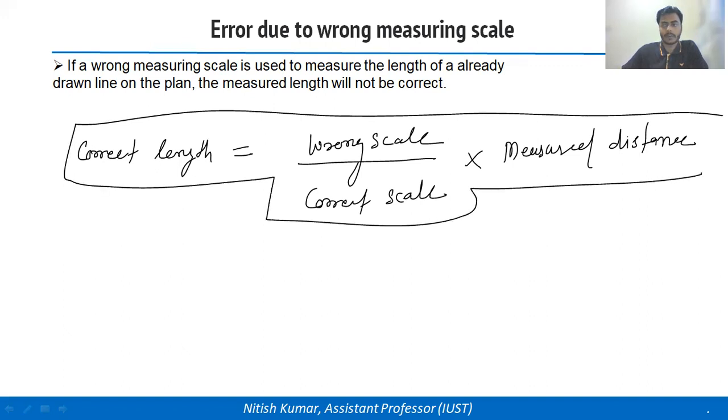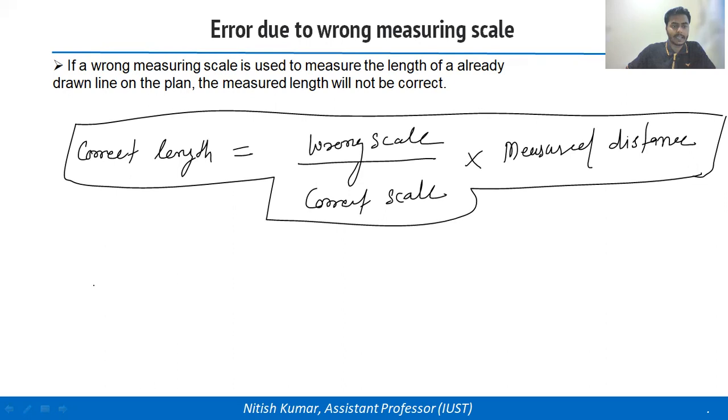Okay. When you have used the wrong scale, and according to the wrong scale you set some distance for the ground distance, or measured distance is some like 50 meter, whatever. So when now later we know that okay, the correct scale was different, so now according to the correct scale, we can calculate the correct length.